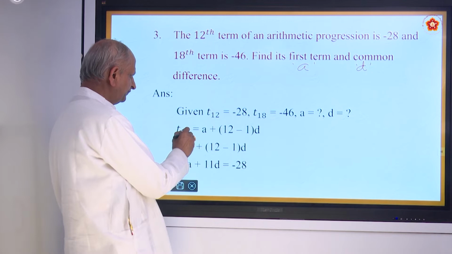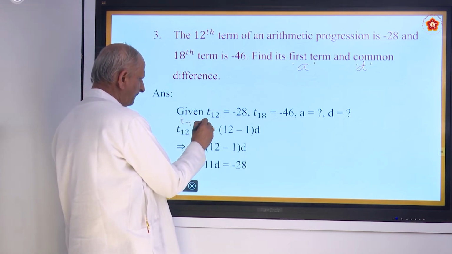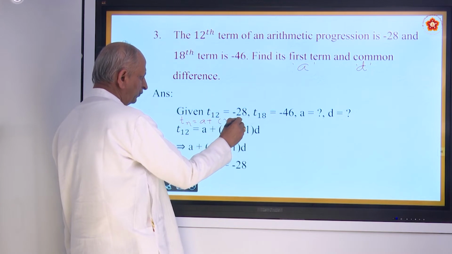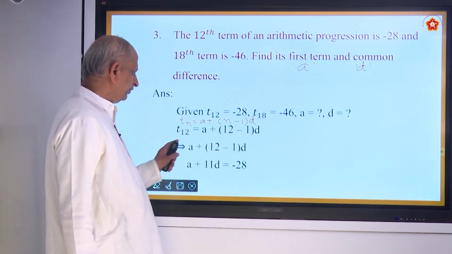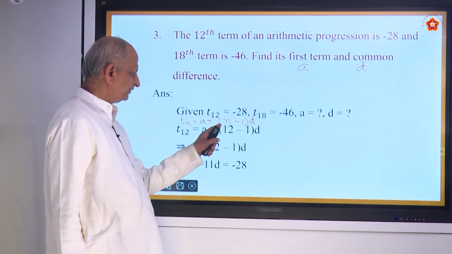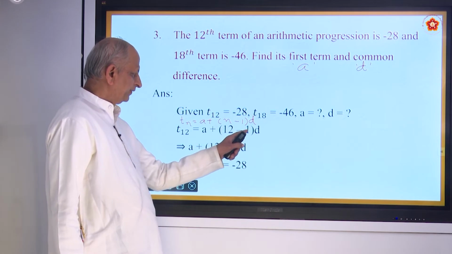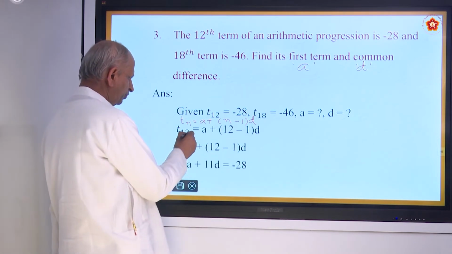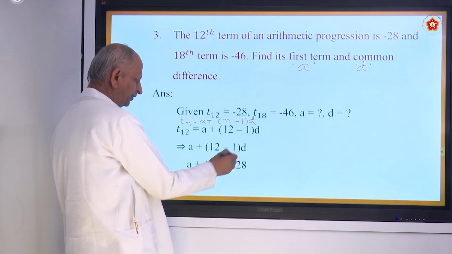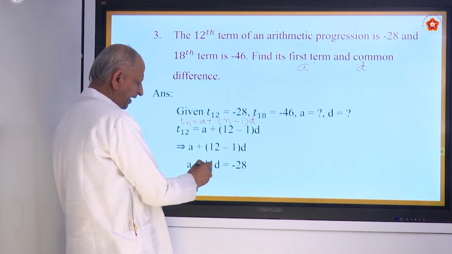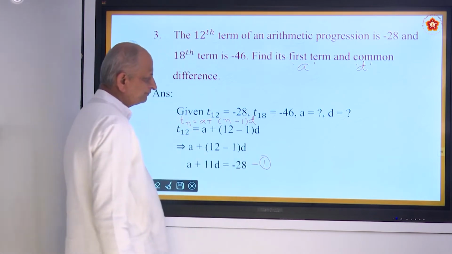Formula is Tn is equal to A plus n minus 1 into D. So T12 is equal to A plus n, which is 12, minus 1 into D. So A plus 12 minus 1 into D, that is 11D. A plus 11D is equal to minus 28, that is the first equation.